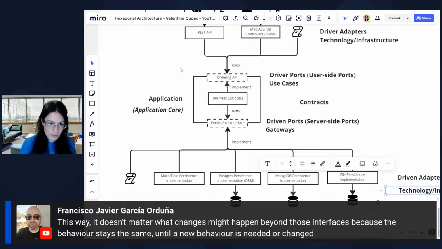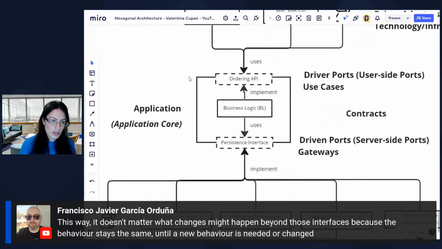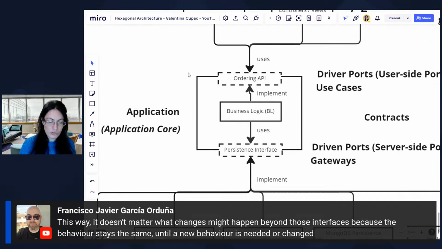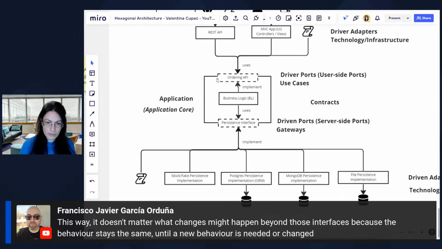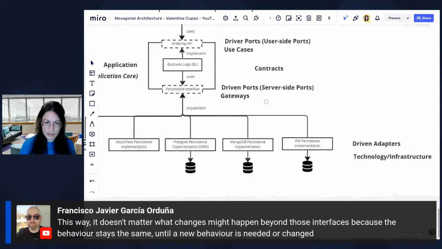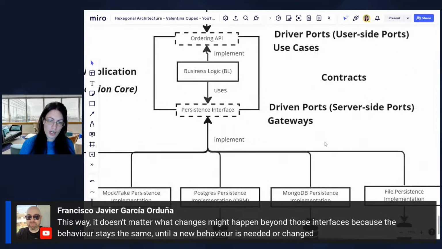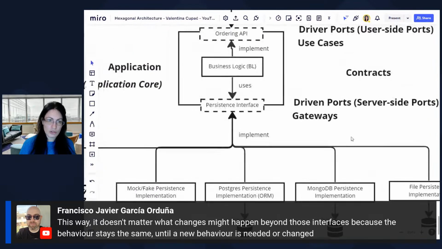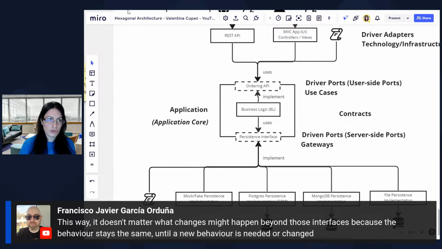So that's yet another reason for this separation. The application core is changing due to different changes required in use cases and business logic, whereas the adapters, their reason for change is due to any technological changes or technological concerns, which is completely different concern compared to our business logic.